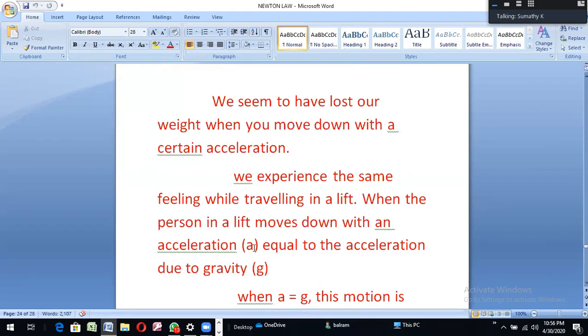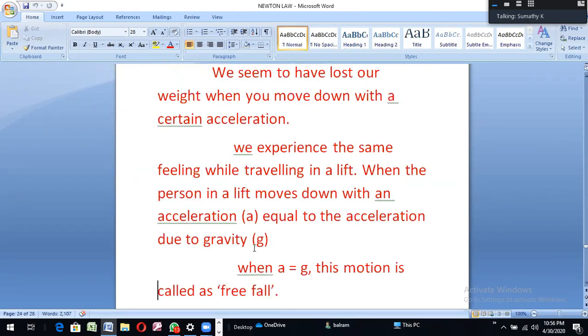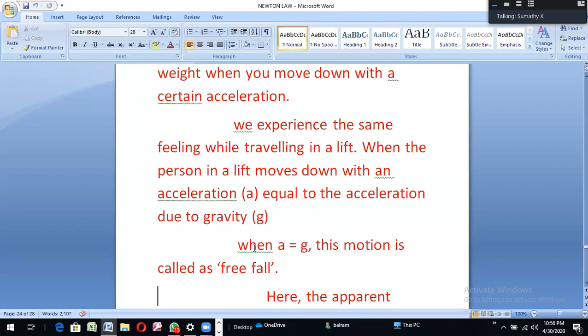In a lift also, at that time a is equal to g. a means acceleration, g means acceleration due to gravity. So in this motion we will feel free, our weight will be very less. That is called free fall.